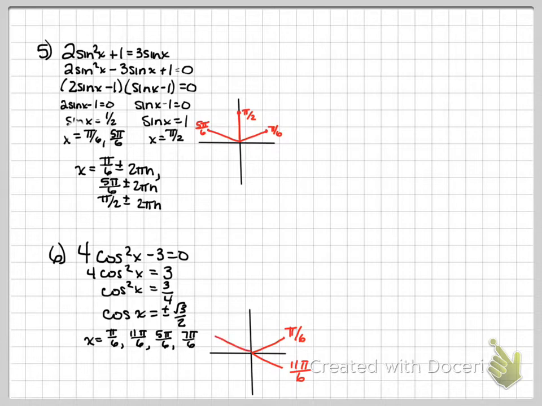Then I have 5 pi over 6 here, and 7 pi over 6. Okay. Alright, so I'd like you to pause your video, and I want you to try to write the equations for your solutions here.